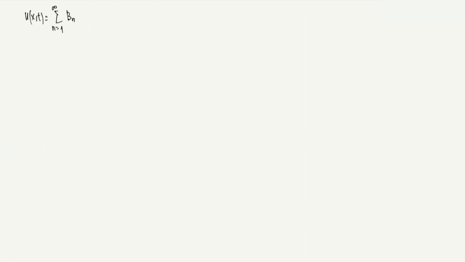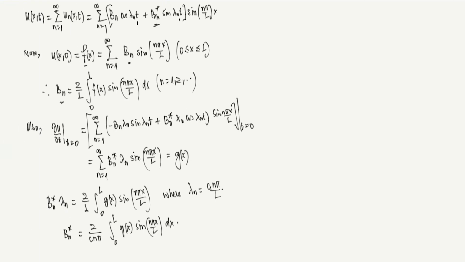So what we'll do is this, for simplicity. Of course, if g is given, you can put everything together and you get a solution, that is not a problem. But for simplicity, we'll start by considering that the initial velocity is also identically 0. So consider that g of x is identically 0.